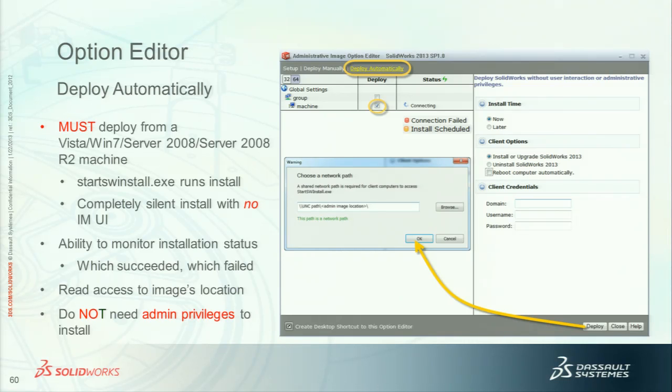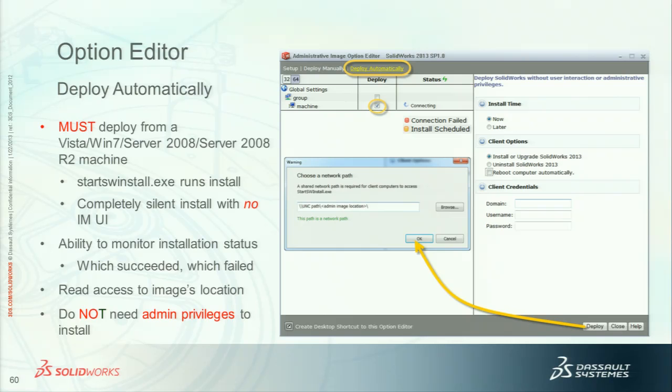Because essentially behind the scenes what it's doing is creating a task, a Windows task, on that client machine that says, run my start SolidWorks exe to initiate the install. Windows XP can't hook into a client machine and create a task. That was a new API that Vista introduced that we now take advantage of.